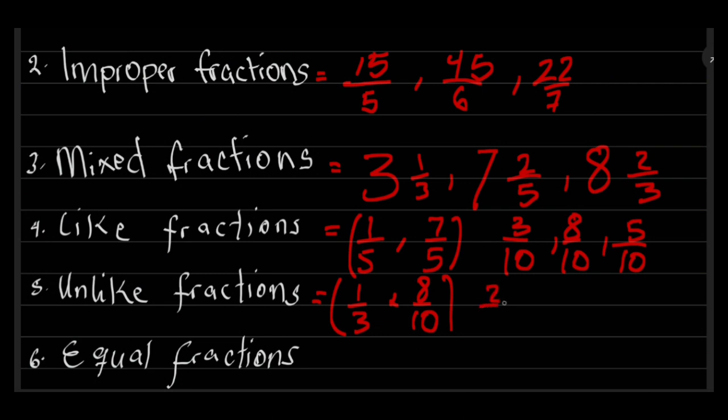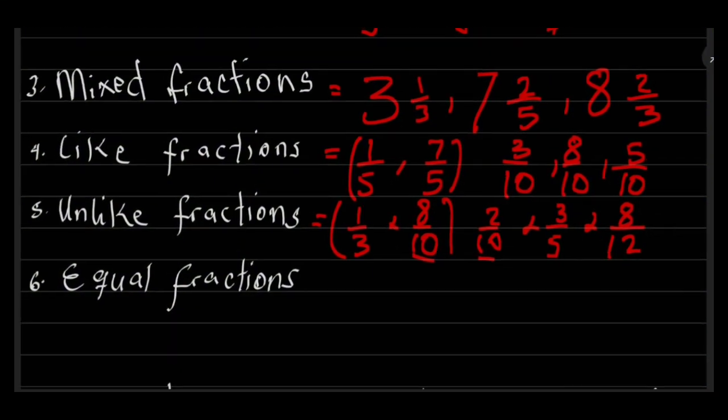When I have 2 on 10 and 3 on 5 and 8 on 12, they are all unlike fractions. But we can see that 8 on 10 and 2 on 10 are like fractions, but the rest are unlike fractions.